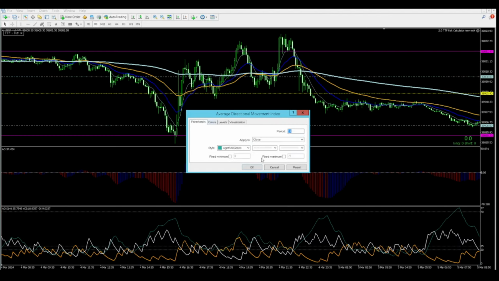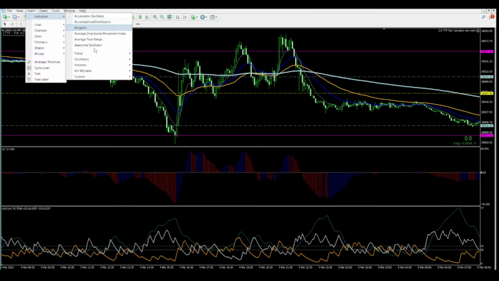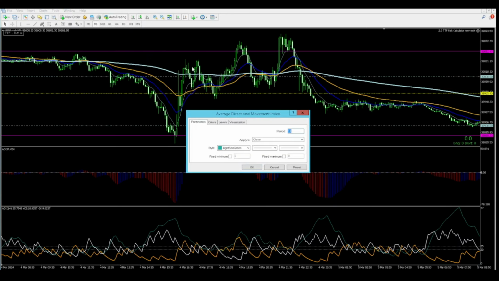Parameters are set to 14 periods, actually not 14 days, 14 periods. You can access the ADX indicator by going to Indicators, clicking on Trend, and Average Directional Movement Index. So that's the ADX indicator.